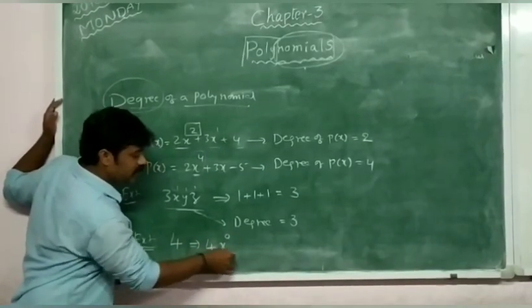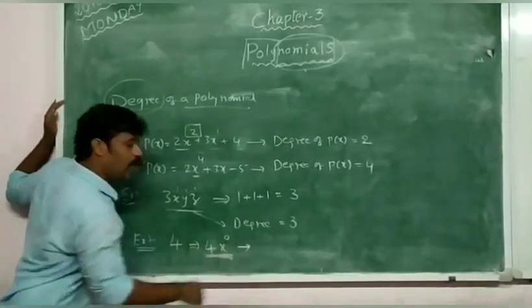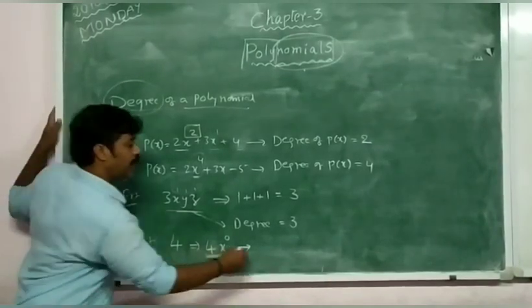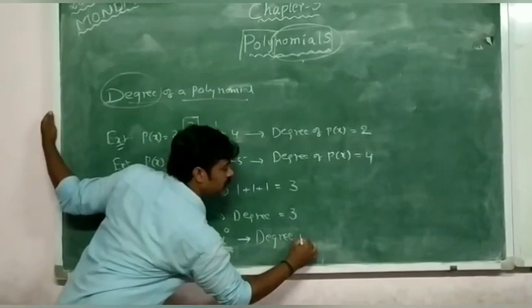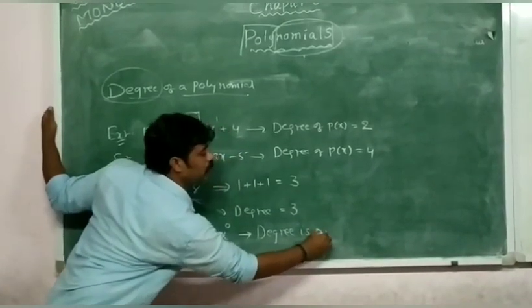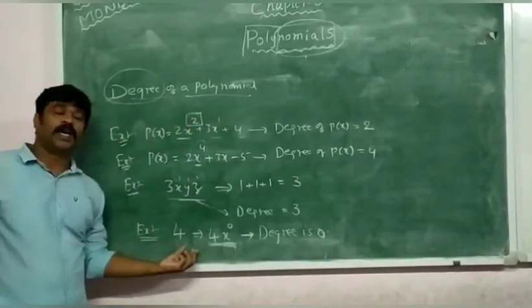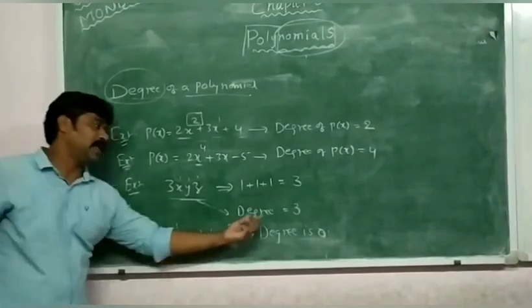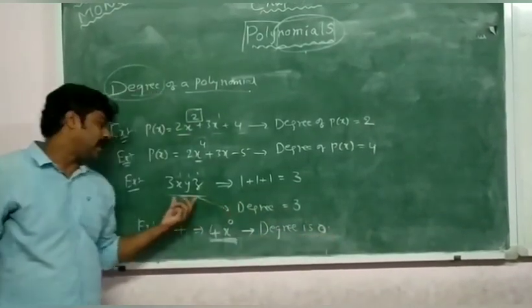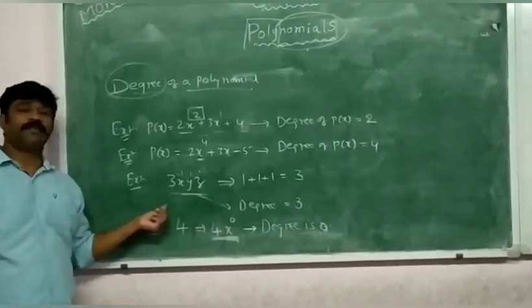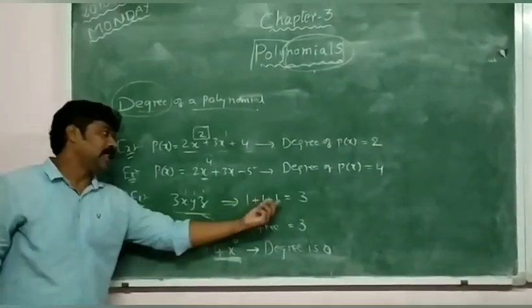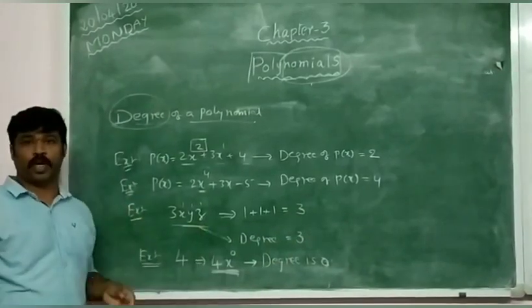Now if you observe this, the power of the variable is 0. So the degree of the polynomial is 0. You have to remember that it is very important: the degree of a constant polynomial is 0. And if you want to find the degree of a monomial, you just have to add the powers of the variables. That becomes the degree of that polynomial.